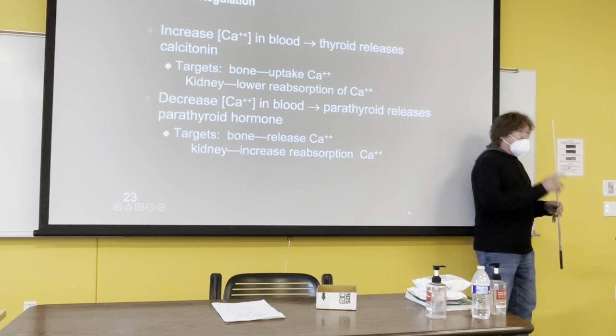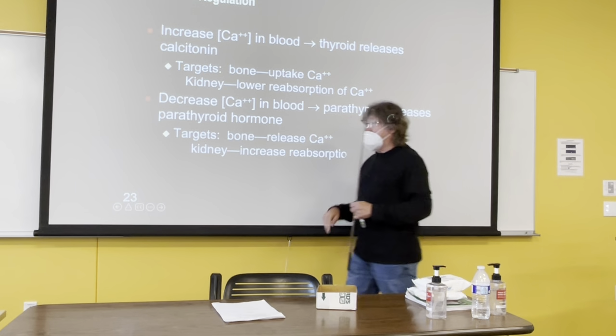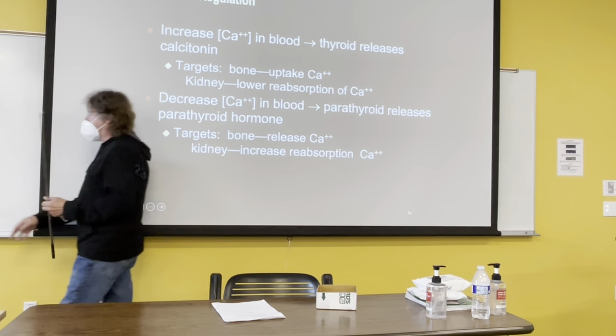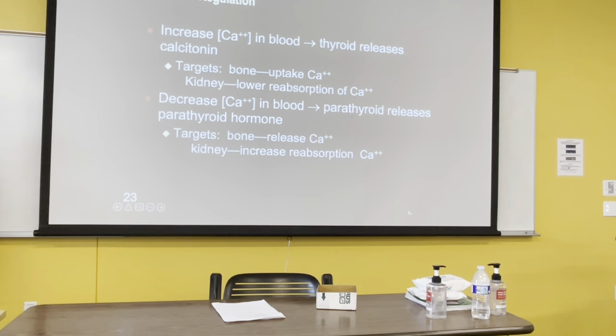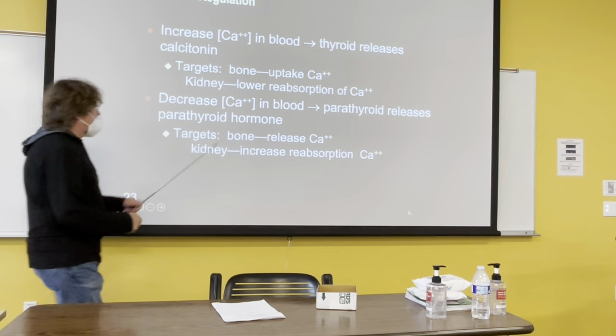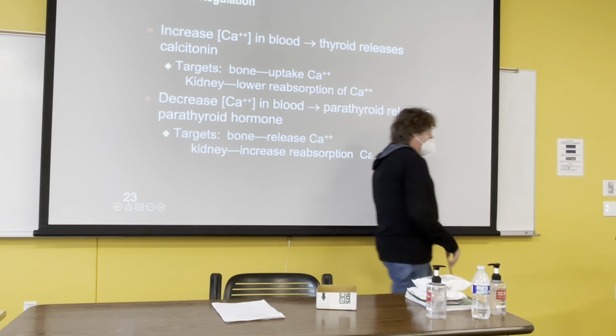It has a third target, the epithelium in the duodenum, certain cells there, stimulating the production of calcium transporters that take in calcium from your food. All these are tending to increase the calcium level in the blood.